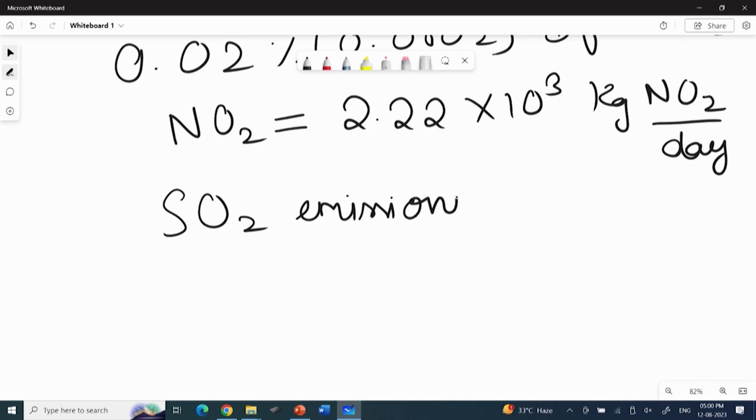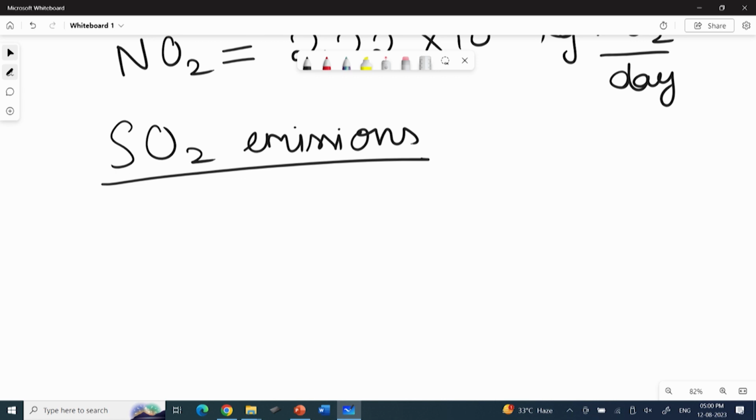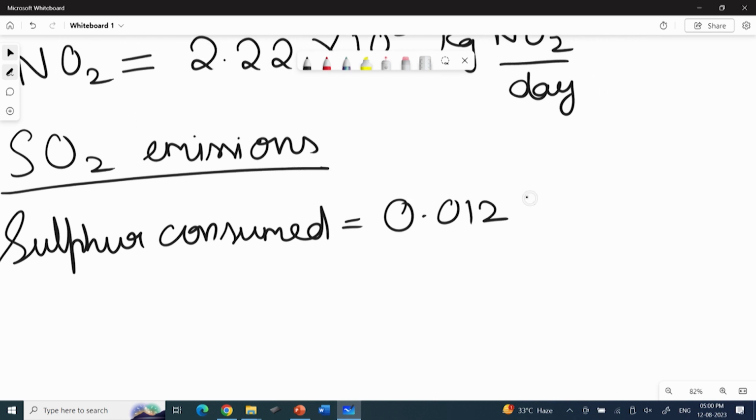So we now understand from the assumptions that the coal that we were consuming had around 1.2% of sulfur, and this would be consumed for production of SO2. So the amount of sulfur consumed would be equal to 0.012, which is the percentage of sulfur, into the amount of coal that is being utilized.